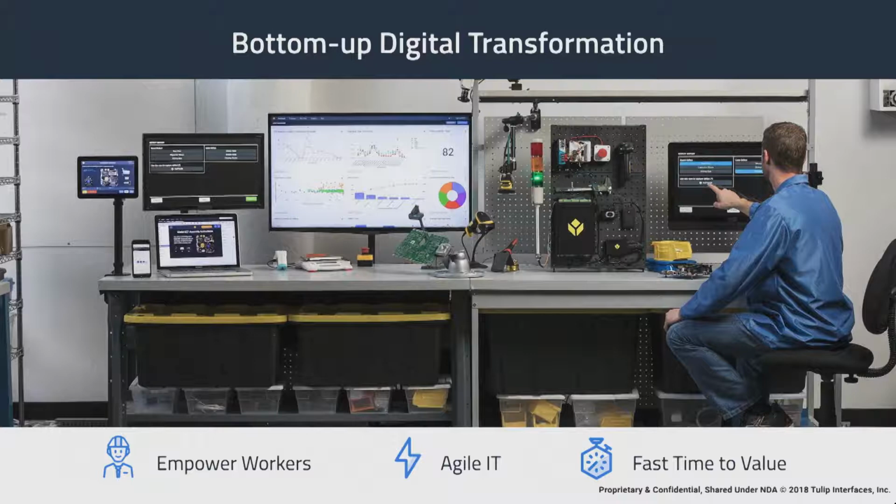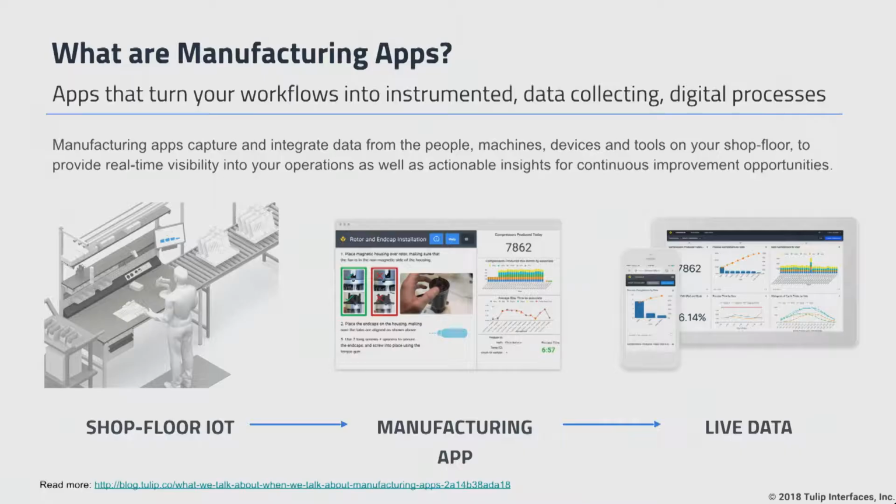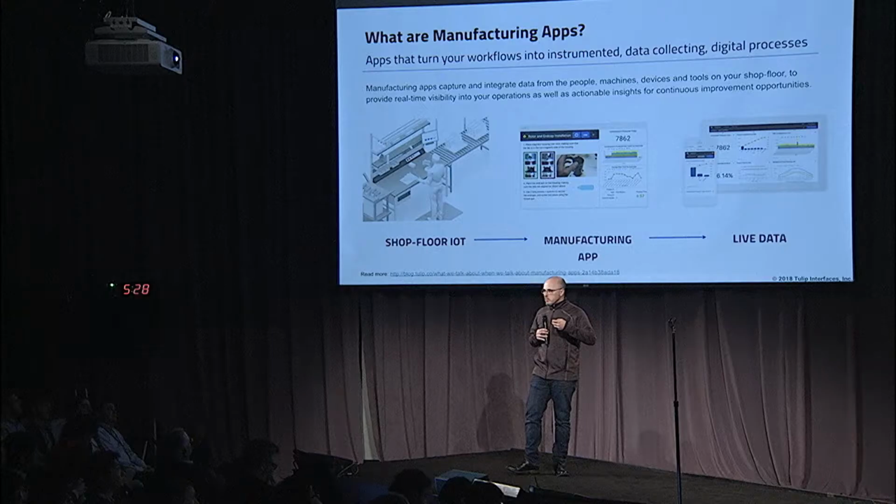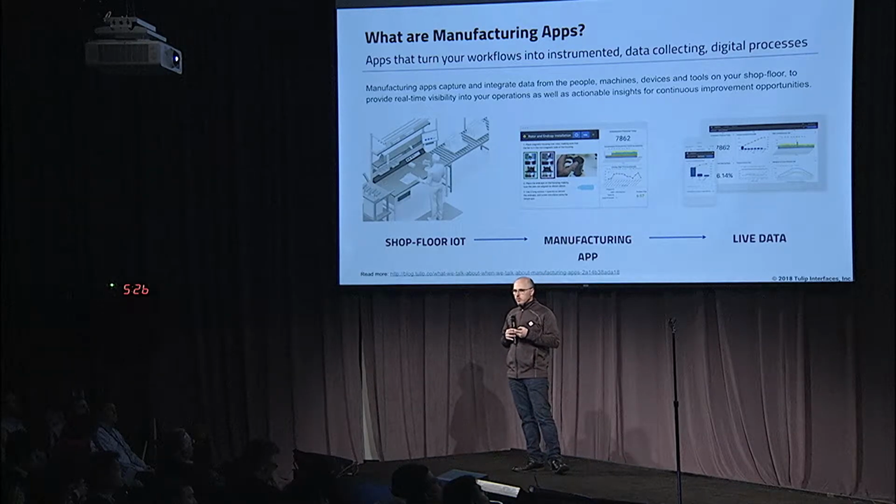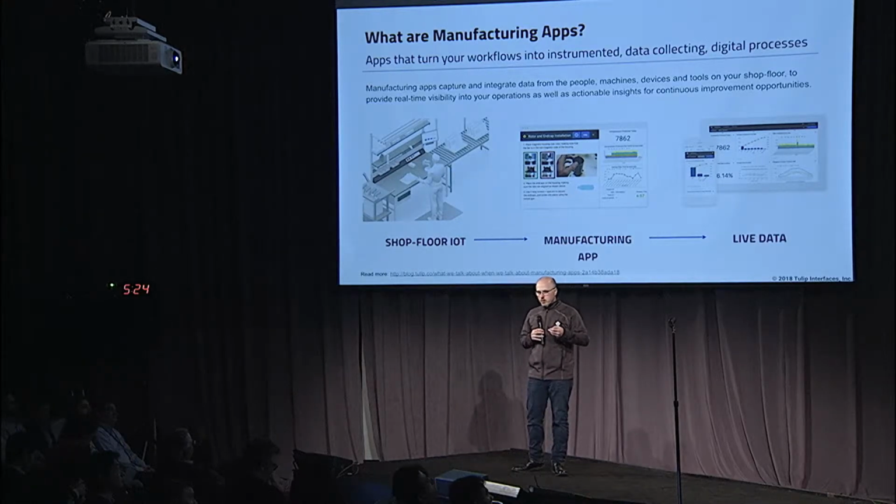So what we're trying to do at Tulip is build this new kind of software for the manufacturing floor, one that is around this notion of small applications that are made by the manufacturing engineer, enabling the kinds of processes that you see on the floor. Enabling it by collecting information about real-world things that are happening, sensor data or tools that are on the floor.